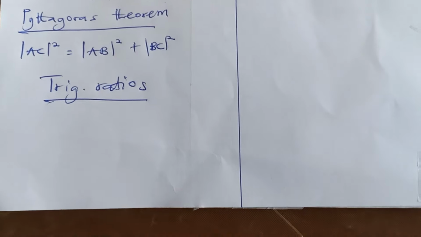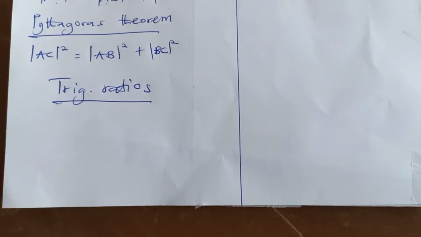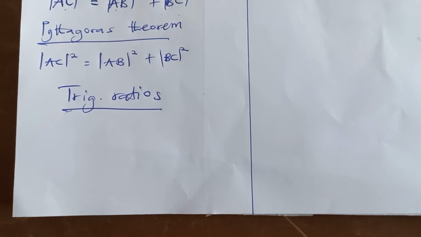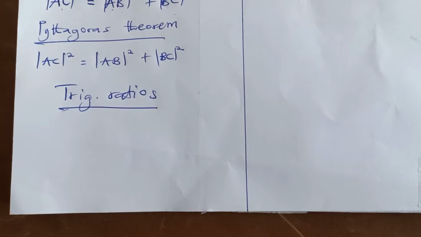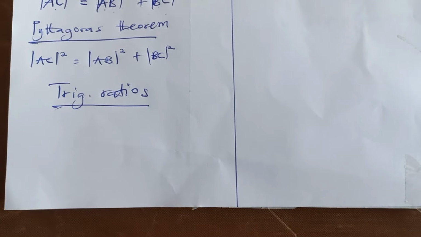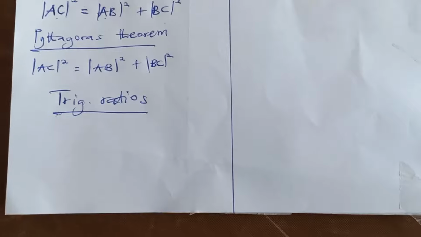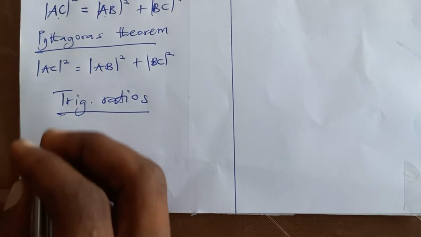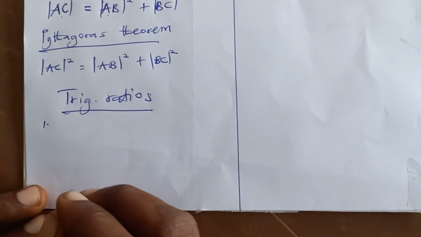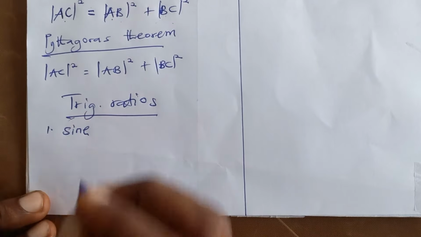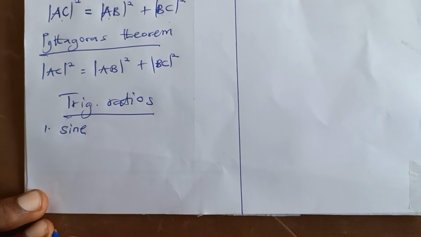So basically, we have 6 trig ratios. But for now, I'm going to introduce only 3 for you. Then in our next lessons, I will add the other 3. So I'm going to introduce the first one, which is the sine.